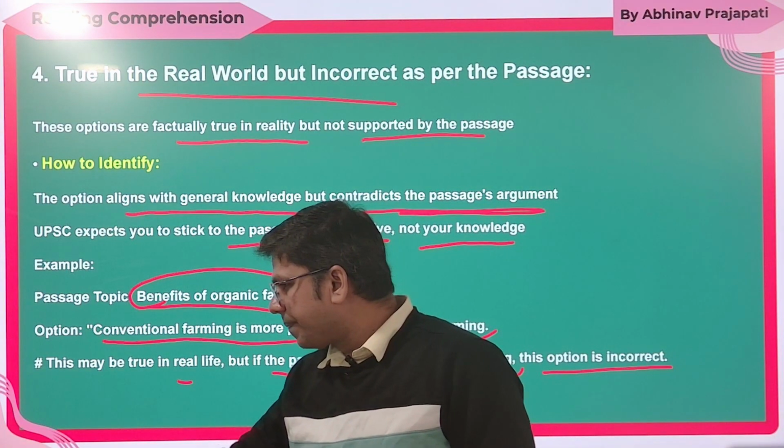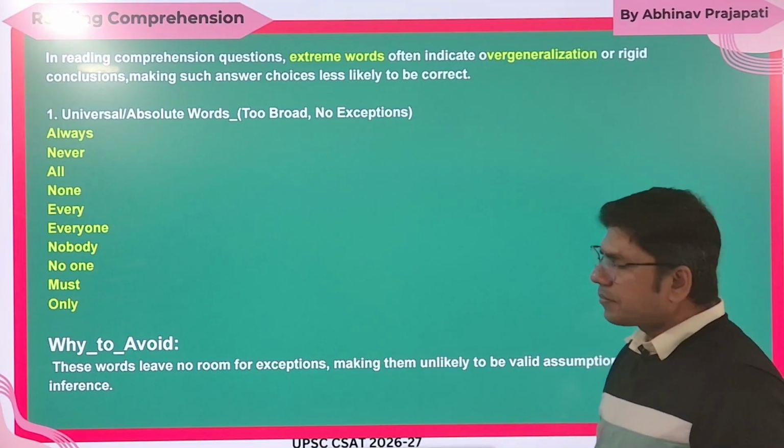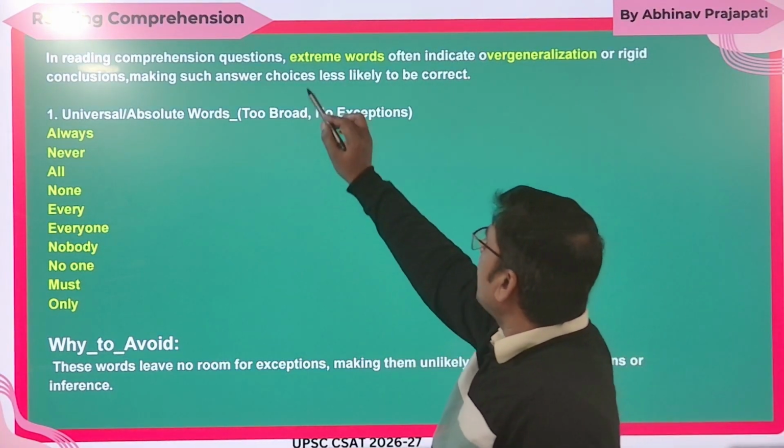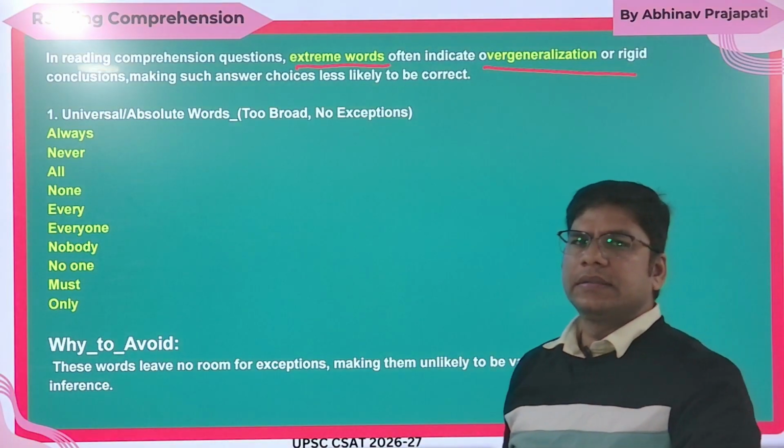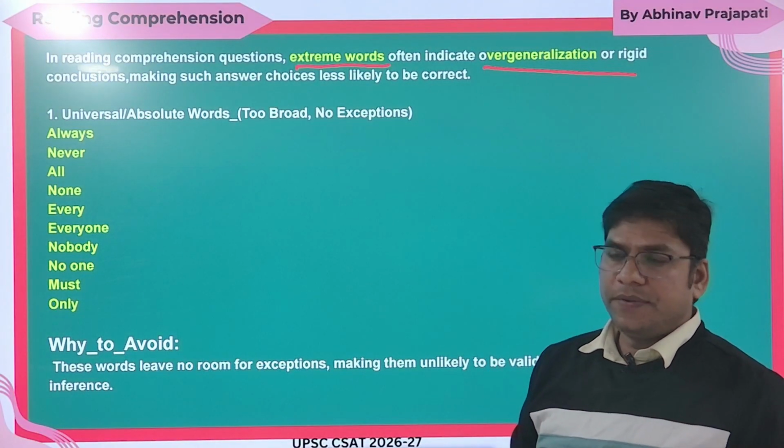Now, in reading comprehension, extreme words often indicate over-exaggeration. We should avoid options if these words are there.